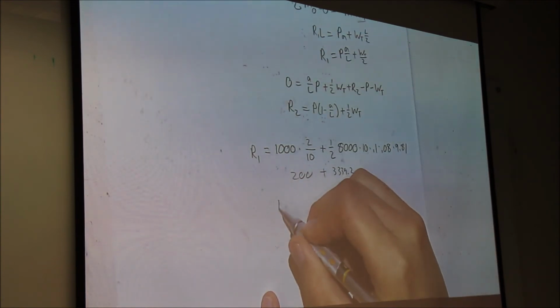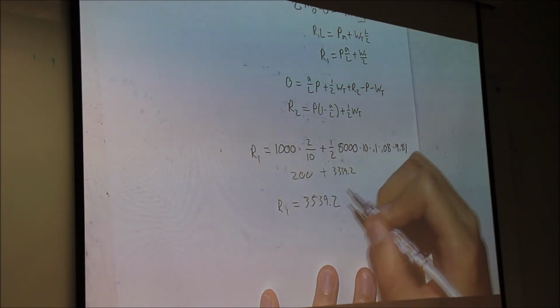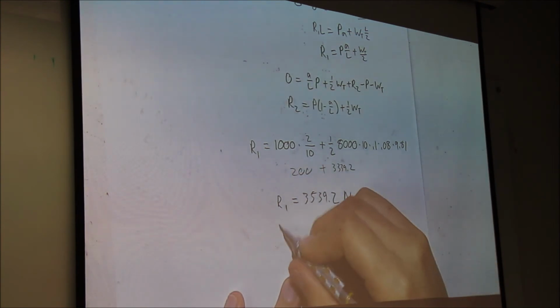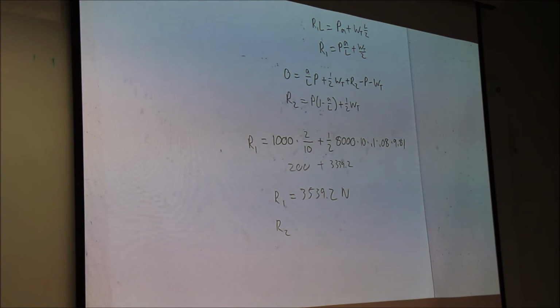Okay. So R1 is equal to 3,539.2 newtons. R2 is equal to whatever that is. I'm not going to write that out because that's a lot more numbers than I thought. If anyone wants to calculate it for themselves, that'd be cool.